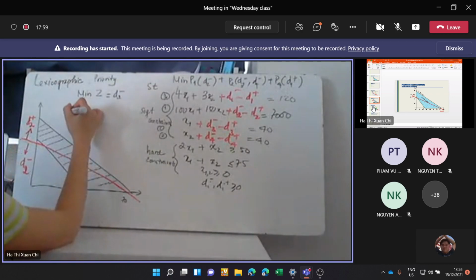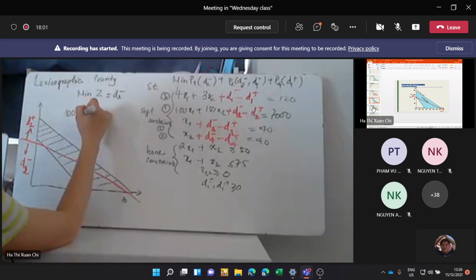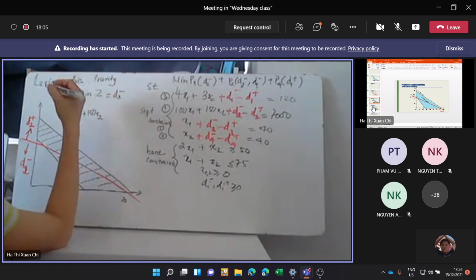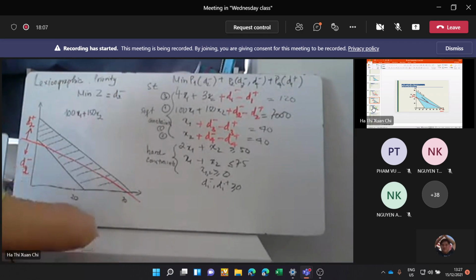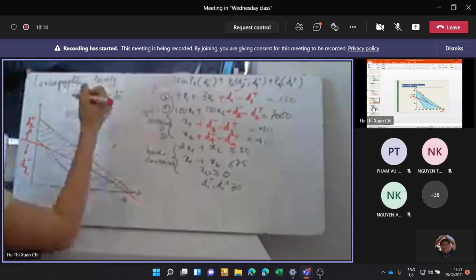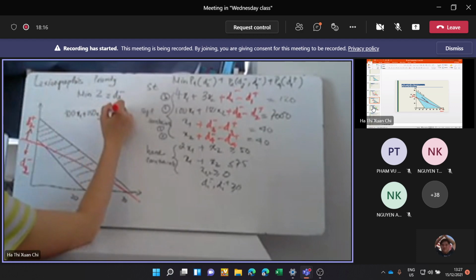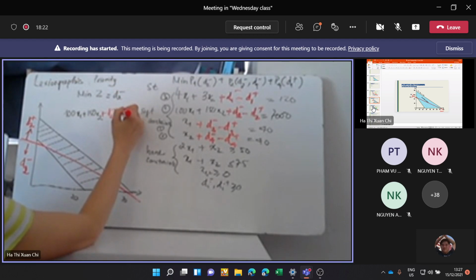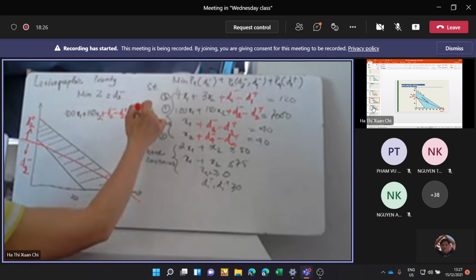So for example, here 100 x1 plus 150 x2, you minimize D2 minus plus D2 plus equal to 7K, right?